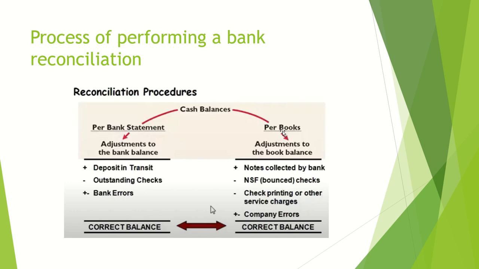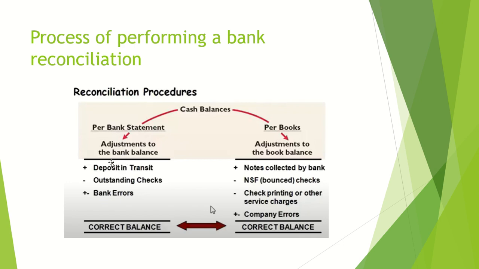As soon as the company writes the checks, they're going to report the checks as cash going out already in their books. So those checks that are written are already going to be in the book balance, but they're not going to show up in the bank statement yet if they have not been cashed or deposited in the payee's account.